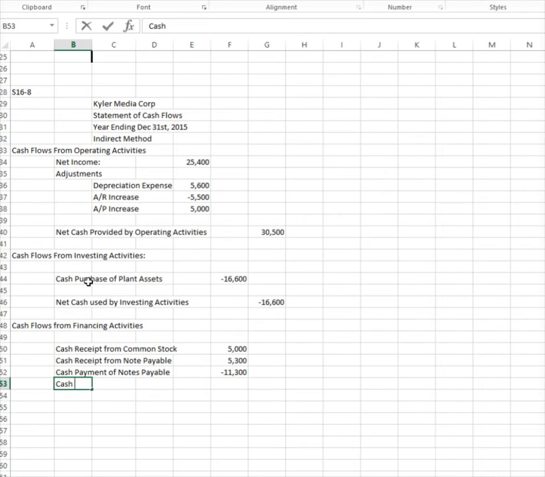and then the final item that we need to look at is whether any dividends were paid. And we're not given that information, so we have to, again, try to deduce that from what we are given. So if you look at retained earnings, as of 2014, we're 38,900, and that's just given to you in your comparative balance sheets.